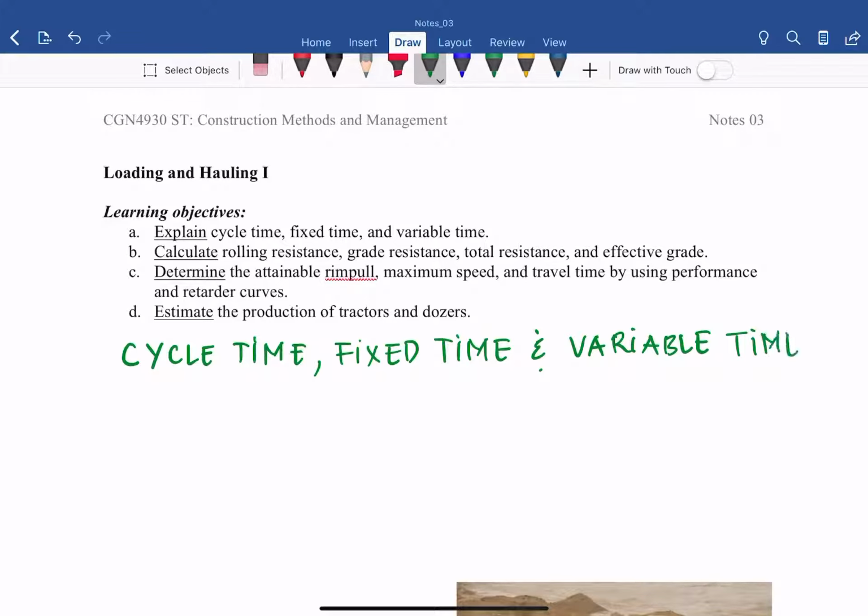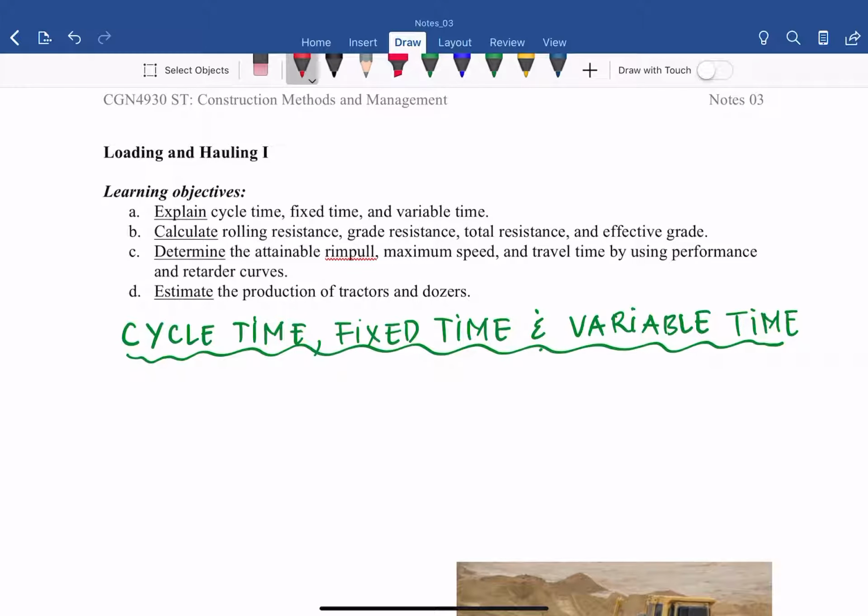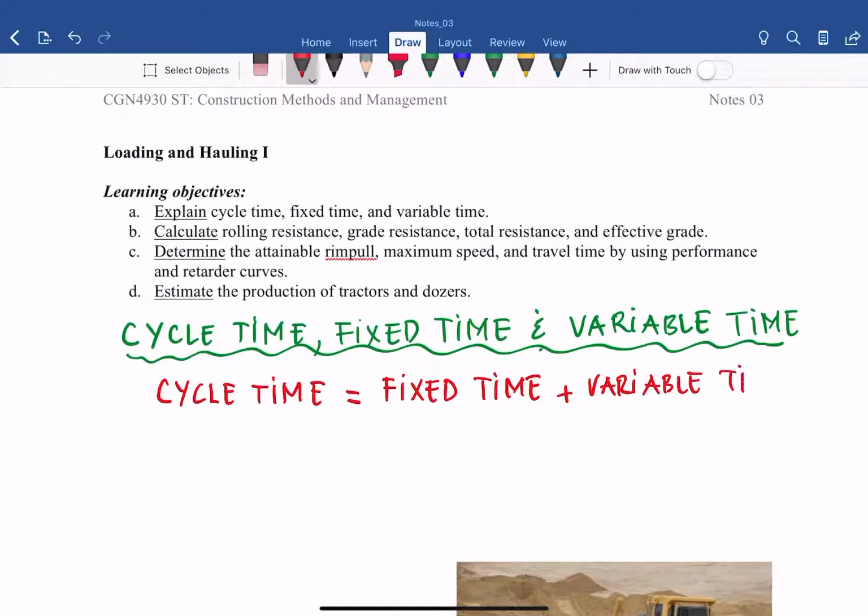Basically, the general equation for the relationship between these 3 times, we can say cycle time should be equal to fixed time plus variable time. So that applies to any equipment operation. And the question comes is, what is variable time?